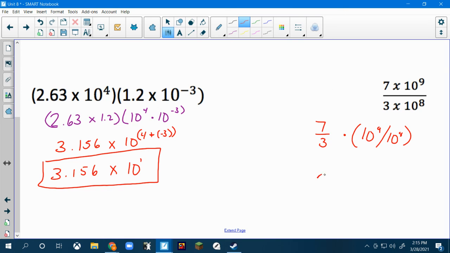We're going to say approximately 2.3. And we're going to multiply that by 10 to the 9 minus 8 because it is a quotient rule. So we're going to get approximately 2.3 times 10 to the first. And you are all done.